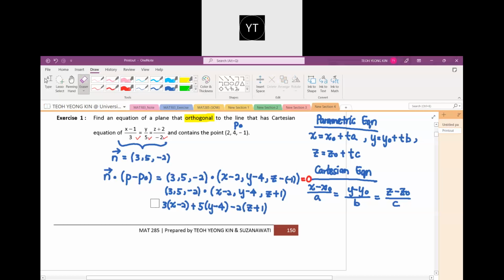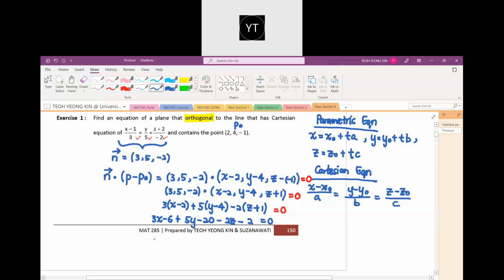Expand: 3x minus 6 plus 5y minus 20 minus 2z minus 2 equals 0.